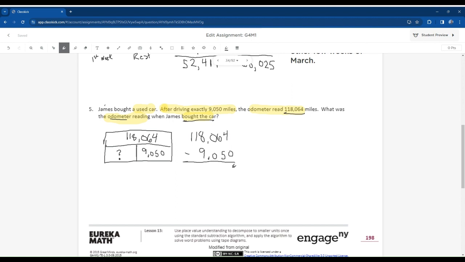So 4 minus 0 is 4. 6 minus 5 is 1. 0 minus 0 is 0. And here's where I need to regroup. So 8 minus 9 is something I can't do. So I'm going to regroup this 10,000. So I have no 10,000s left.